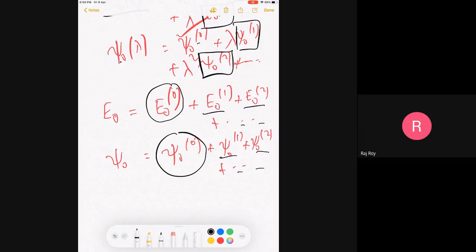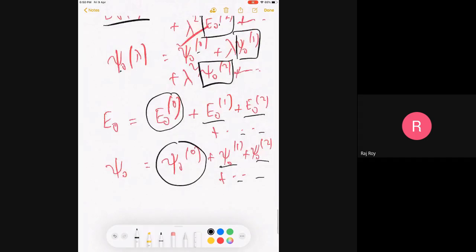What you would hope is that if I go to a finite, low order, the perturbation theory will converge, which means I don't really need to go to infinite order. When will that happen? It will happen if my perturbation is weak. That means if I had started with the H naught, which is a very strong Hamiltonian, the rest of them would be very weak. And what is more important, each order as we go forward should become weaker and weaker.